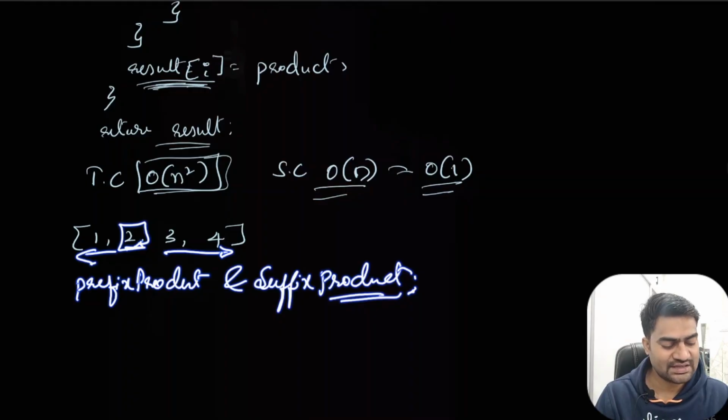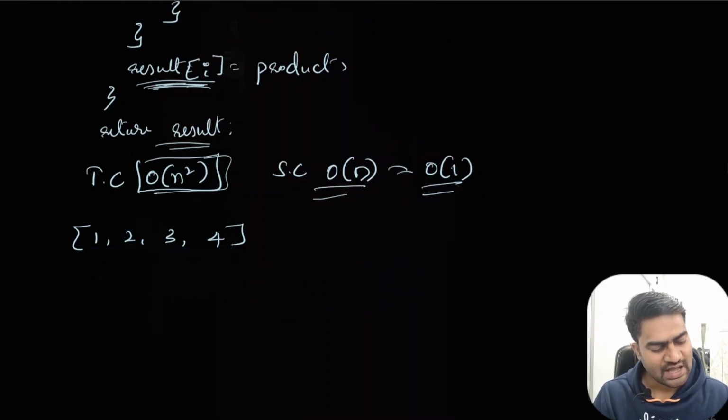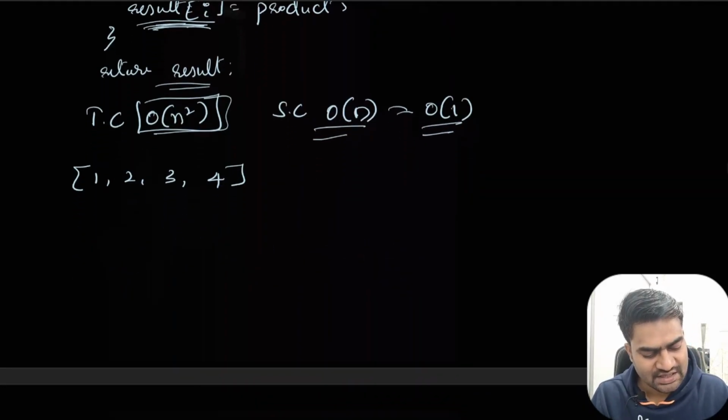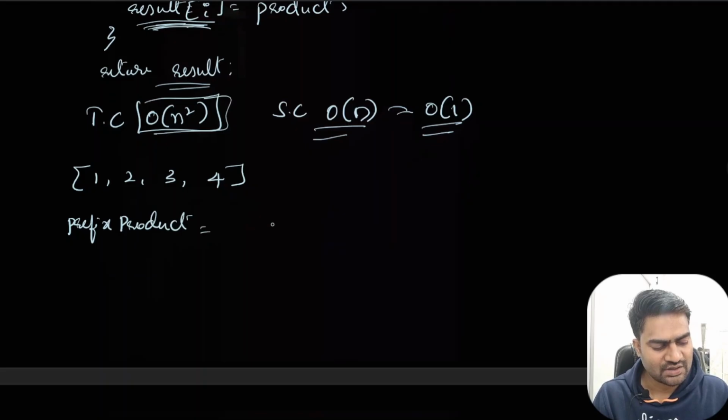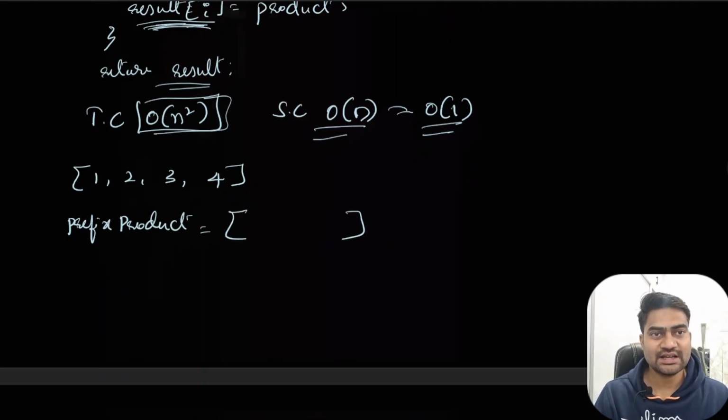We can simply multiply them and place the result at this particular index. So considering that fact, I will first take a prefix product array. Then I will consider 1 as our initial prefix.